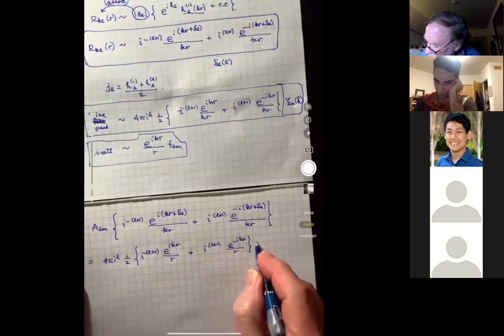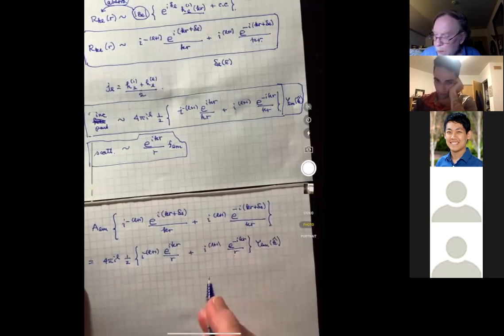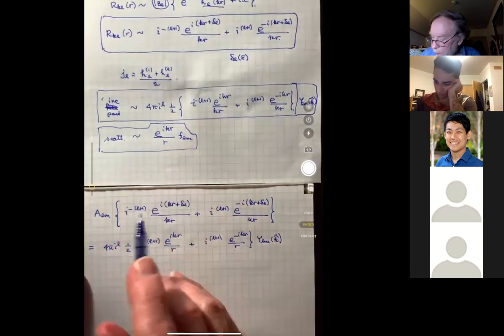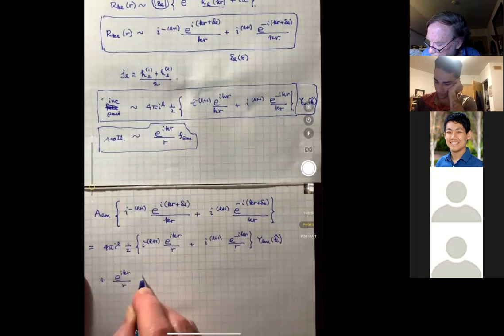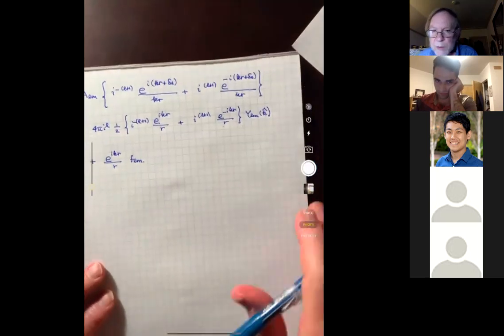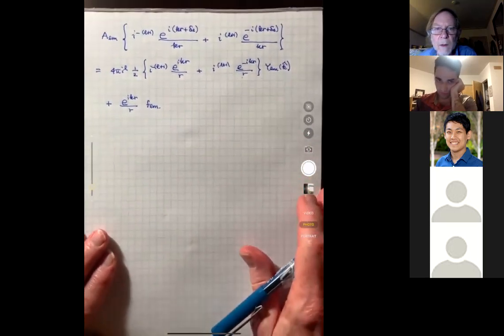Close that and then multiply by YLM of K hat. And then all we need to do now is to add the part that comes from the scattering term. And so then this is plus e to the i kr over r times FLM. All right. And as I just explained, this equation is actually exact.